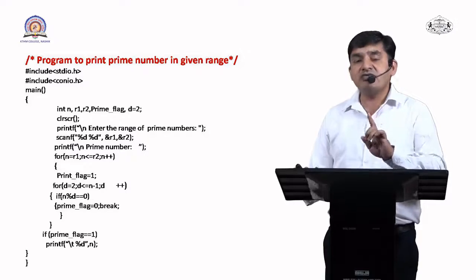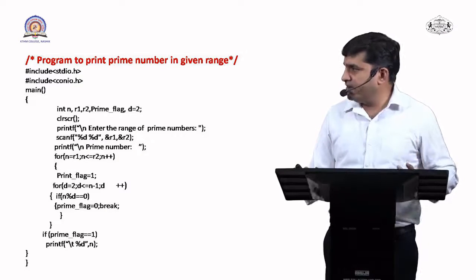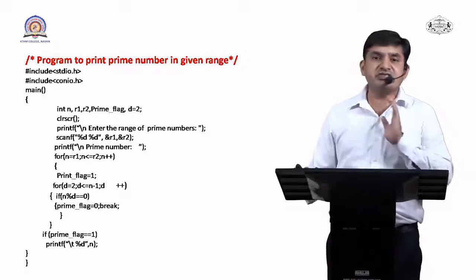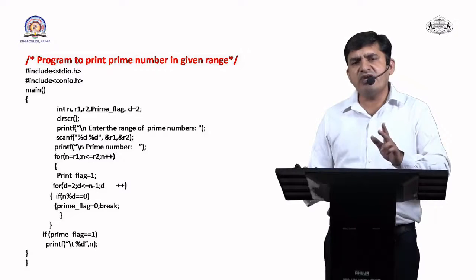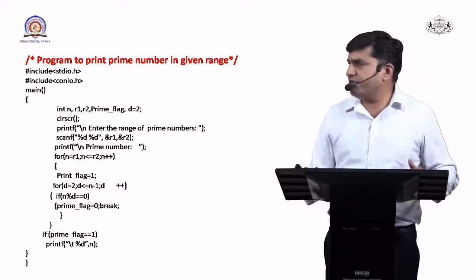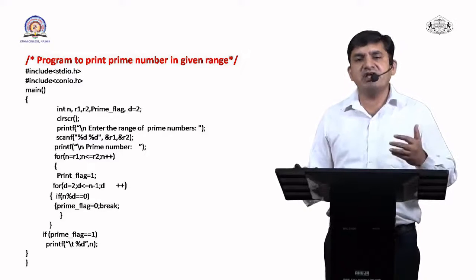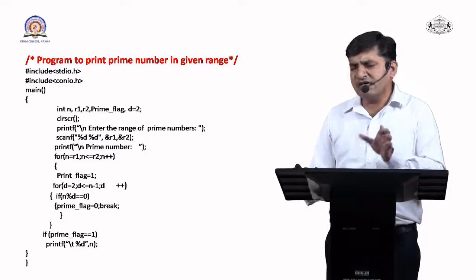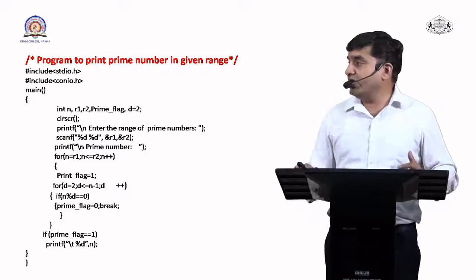R1 is an integer, the first prime number. R2 is also an integer, that is the last prime number. In between R1 and R2 there is a range of prime numbers. Prime flag, it is equal to 0, prime flag is equal to 1. This prime flag is also an integer, and d is equal to 2 is also an integer.